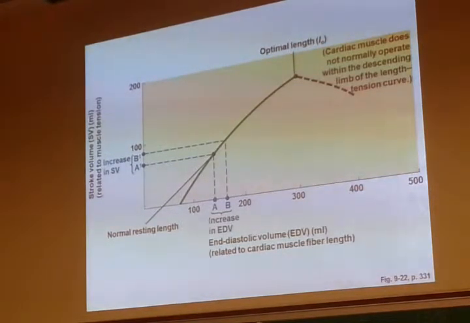Therefore, the greatest amount of tension that can be formed. So come to the left side. Sure enough, you are measuring tension. The tension is translating to the pressure to get the blood out.